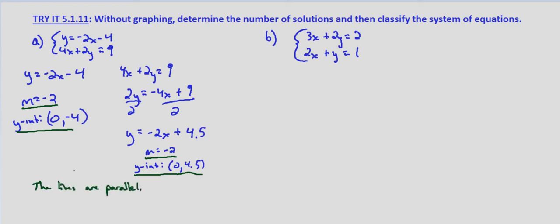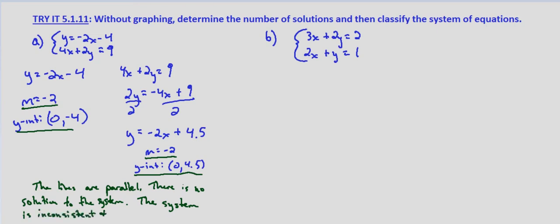Since the lines are parallel, there is no solution to the system, and thus our system of equations is inconsistent and independent.